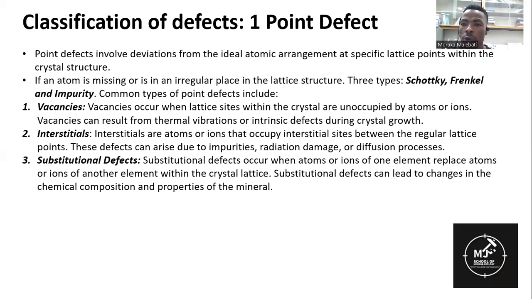You are changing the chemical composition. For example, limestone is calcium carbonate. But if you introduce magnesium into that limestone, you form what is called dolomite. Now you can see that you are changing the composition of that particular mineral.